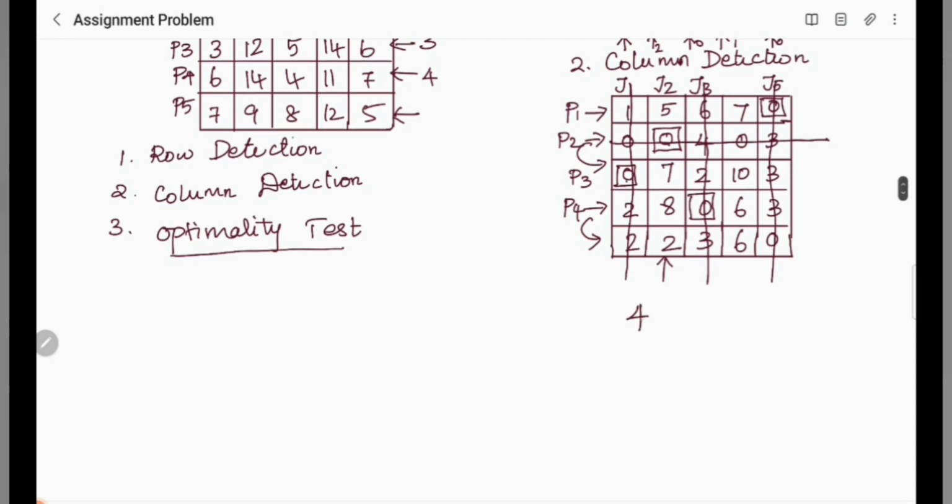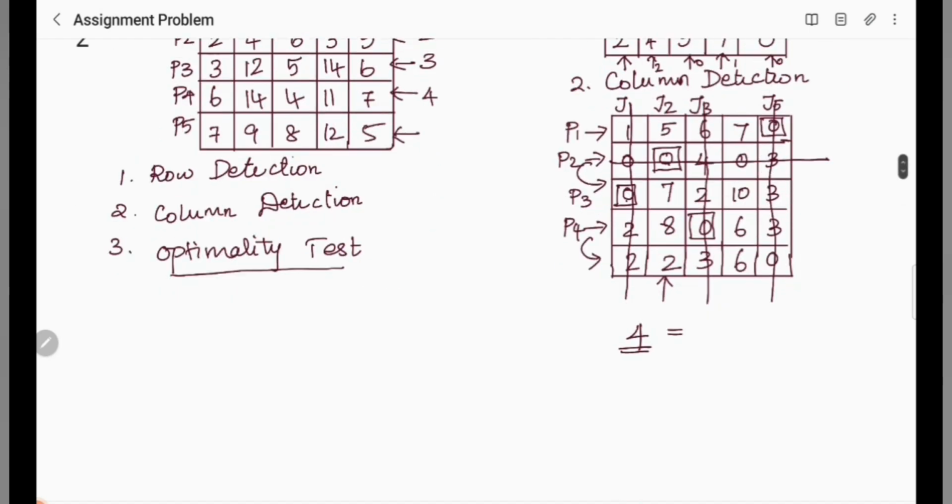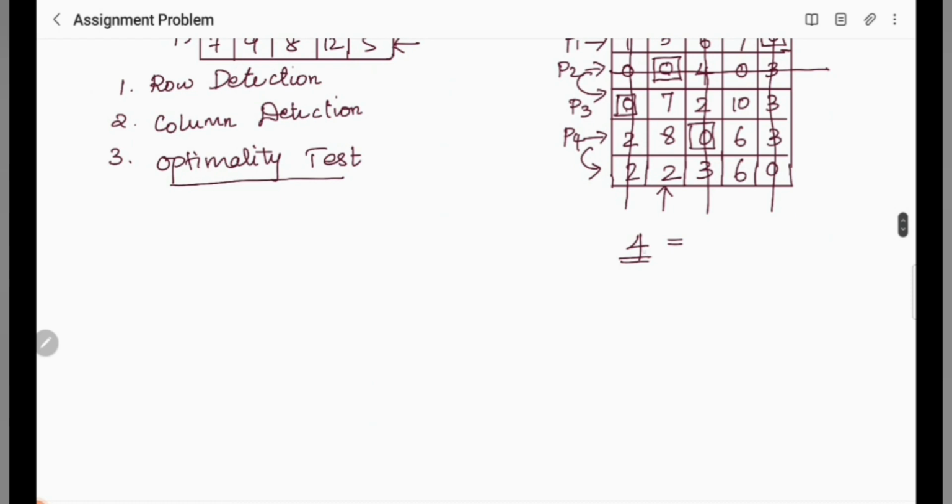So there are 4 squared zeros, and we have 5 jobs. We have to compare the squared zeros and the number of jobs. When they match each other, it means all the jobs have been assigned to the persons correctly.